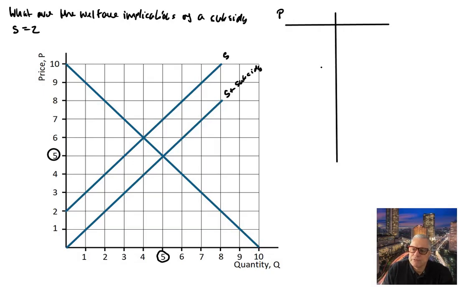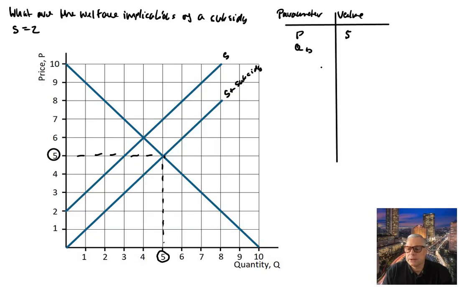Okay, so we have our parameter, we have our value. So the price, we said, is 5. Okay, quantity demanded at a price of 5.